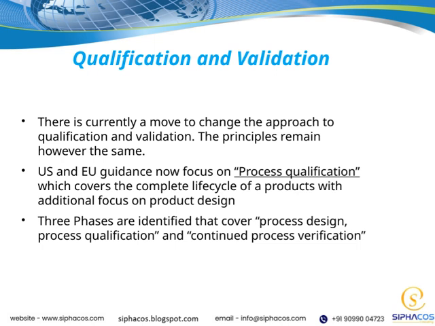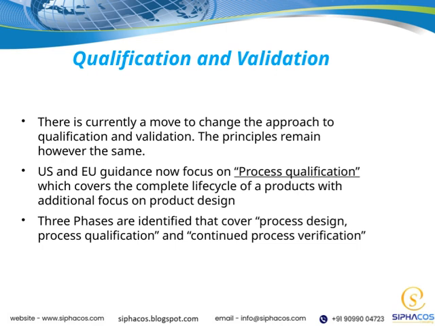We can think of it as a more holistic view, where product design gets additional attention to make sure everything is built on a solid foundation. There are three main phases in this process. First, process design, where we develop and refine how the process should work. Then, process qualification, which confirms that the process can reliably produce quality products.